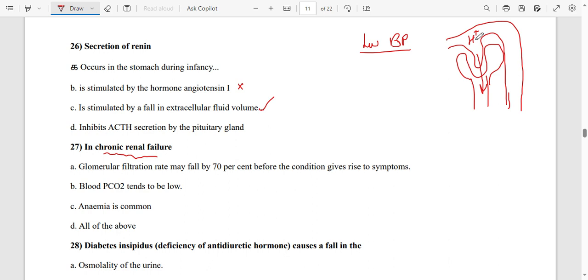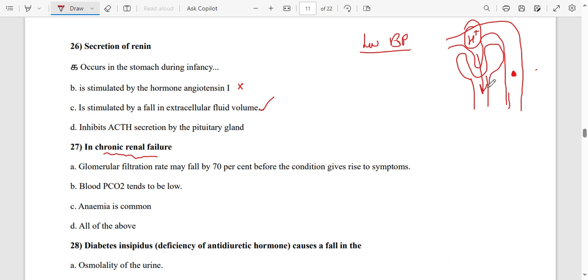So even the hydrogen ions will not be excreted. There's going to be an increase of hydrogen in the blood because the kidney is not working well to remove that hydrogen. And that leads to metabolic acidosis because there's a problem with the kidney.